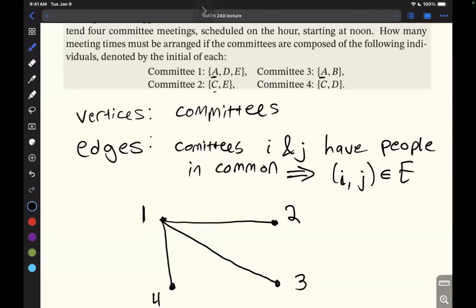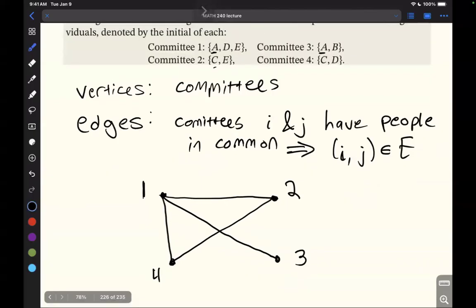For 1 and 2, we've already done that. For 2 and 3, looks like no conflict. For 2 and 4, CE and CD, so Charles is a conflict. And then finally to check 3 and 4, A, B, C, D, no conflict there.